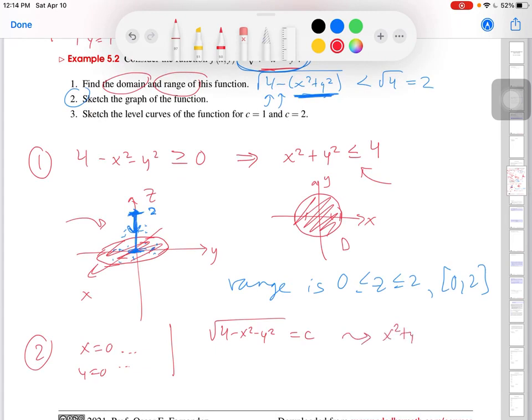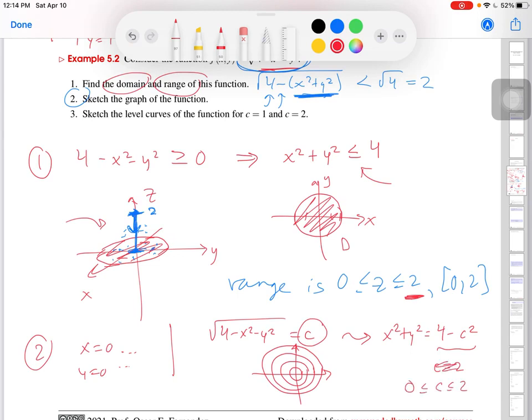If I rearrange things, I get 4 minus c squared. So the contour plots are again circles of varying radii, except that they don't go on forever, like in the paraboloid case, because the largest that c can be is c equals 2, right? We said that. Remember, c is the z value, and the largest z is 2. And then the smallest that c can be is 0.